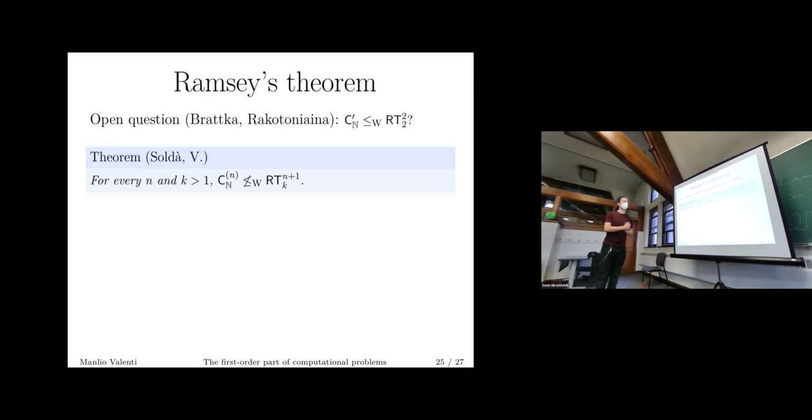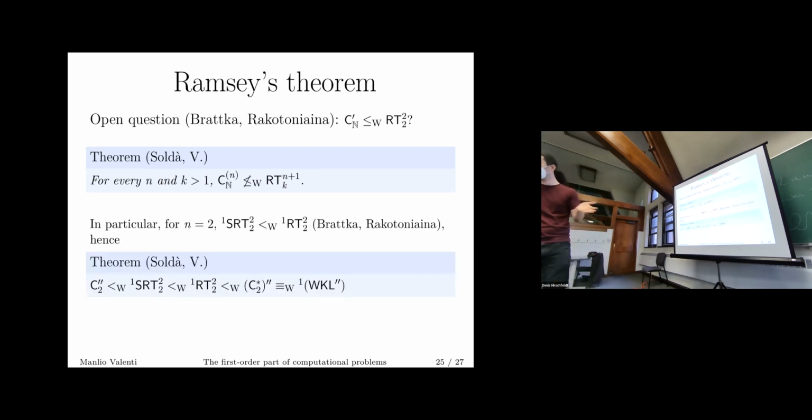This is a theorem that we worked on together with Arno, and then essentially, Arno gave us a neater proof of our idea. And it allows us to answer that question, at least in the case of RT22, or let's say Ramsey's theorem for pairs, in which case we have this strict chain of inequalities.